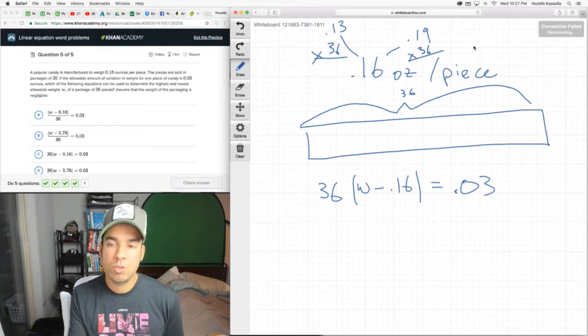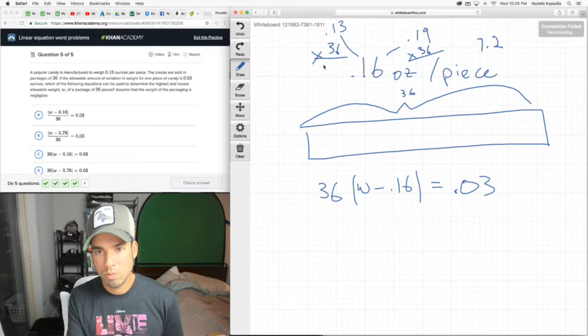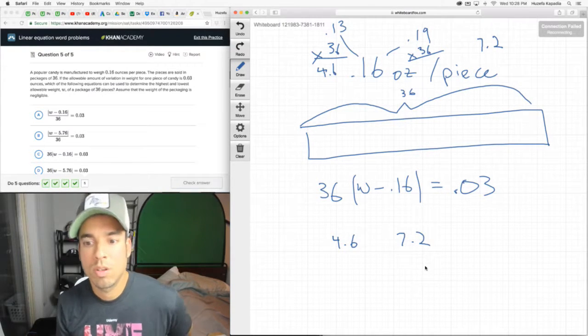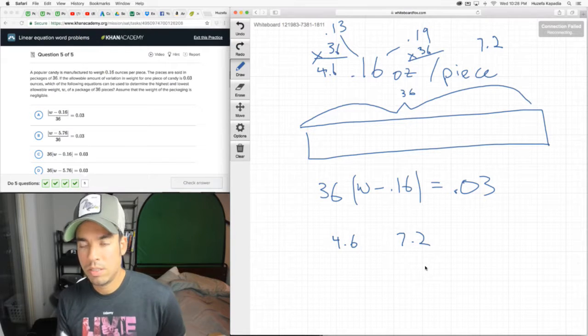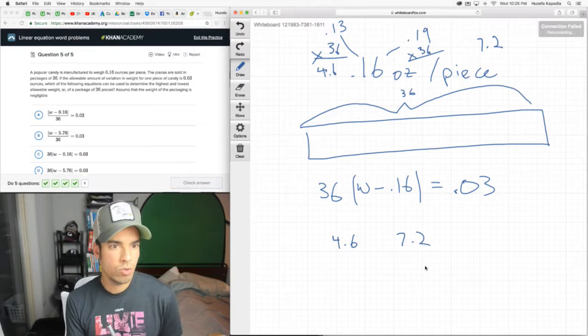Well, we can do some estimation anyways. I'm going to multiply it by 0.2. I'm going to do a quick fix. So 0.2 times 36 is 7.2. And then 0.13, let's see if I can do this. 3.6 plus 1, so I'm going to say 4.6 at the bottom. Roughly, it should be between 4.6 and 7.2 ounces.